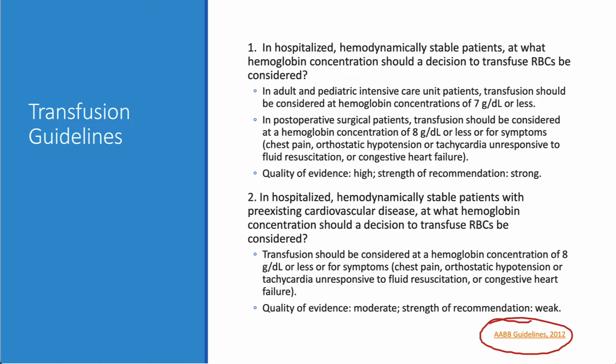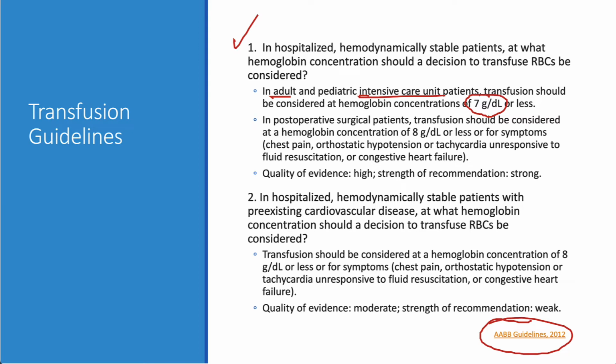First, in hospitalized, hemodynamically stable patients, at what hemoglobin concentration should a decision to transfuse be made? Well, in adult and pediatric ICU patients, okay, adult ICU, transfusion should be considered at hemoglobin levels of less than 7 grams. Okay, 7 grams or less.